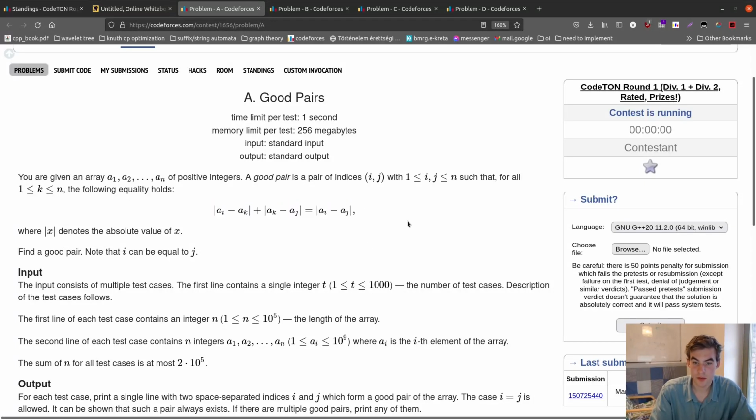When looking at this problem, I was trying to figure out what this equality actually means, and pretty quickly I figured out that |ai - ak| + |ak - aj|, of course the absolute values of them, will only be equal to |ai - aj| if ak is between ai and aj.